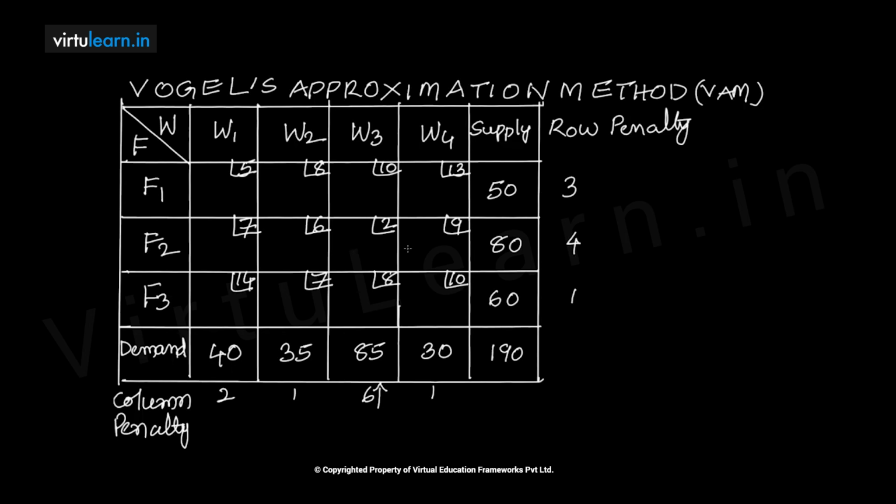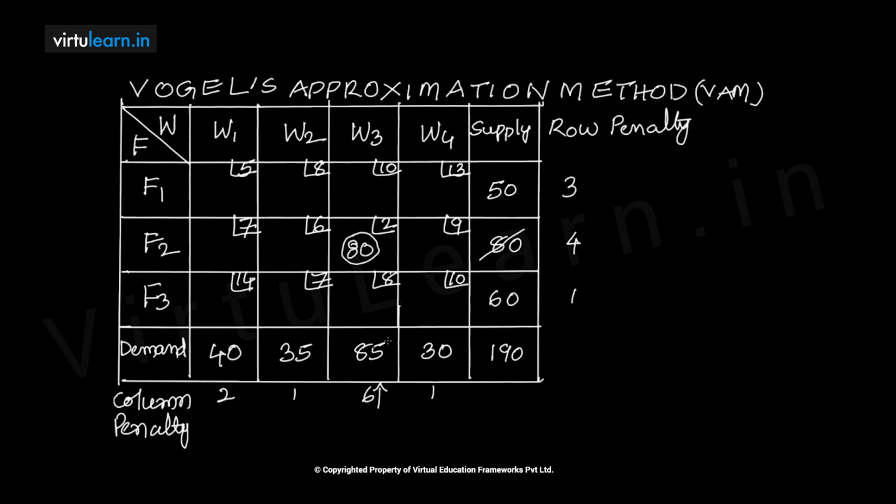So here we will see how many units we can allocate. Corresponding to this cell we have 80 units available. Corresponding to this cell we require 85 units. So maximum units we can allocate is 80. So I'll allocate 80. That means this 80 is exhausted. 80 are available, 80 we have allocated.